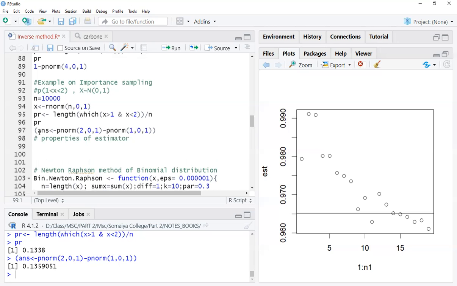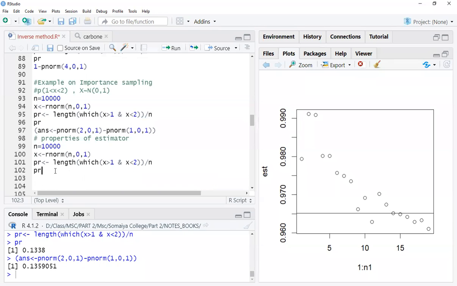So for this, what you can do, you can find out the mean and the variance using the simulation. So let's generate, let's copy this here, generating 10,000 observations.